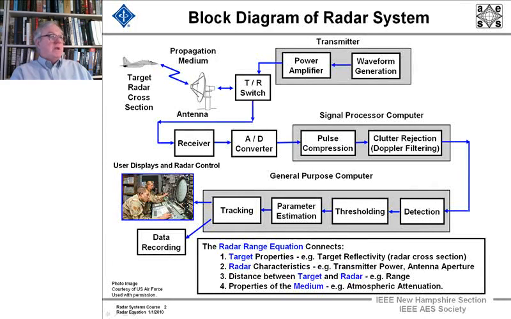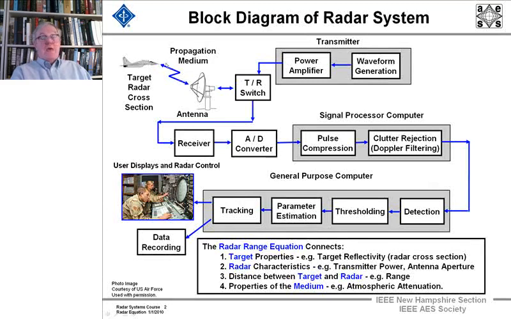And the basic point is we've got a gentleman and a lady here that are operating a radar system, looking at the data coming out, and they control that radar and they look at the information. The first thing that's done is we generate a waveform, we amplify it, we have a switch here which lets the microwave energy flow out to the antenna. It's focused and transmitted by the antenna.